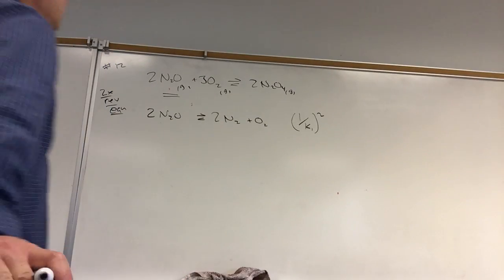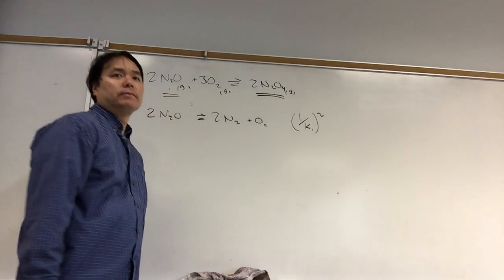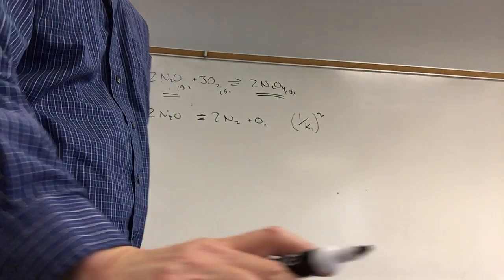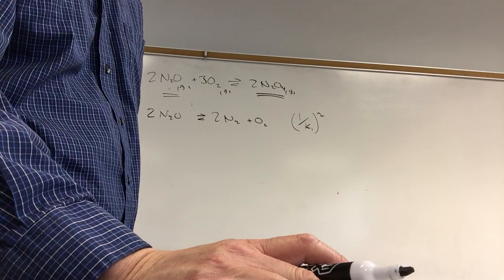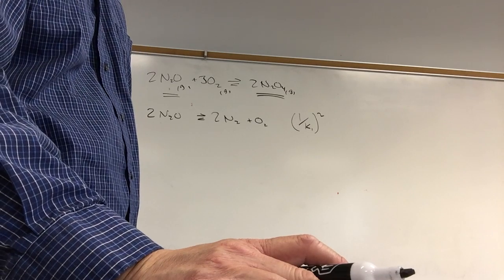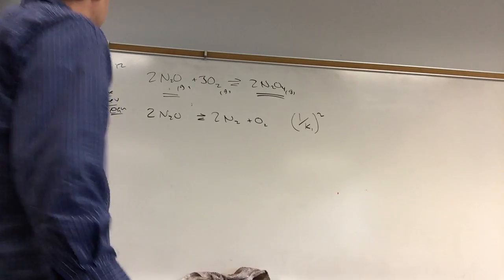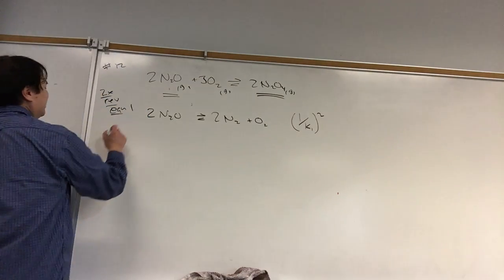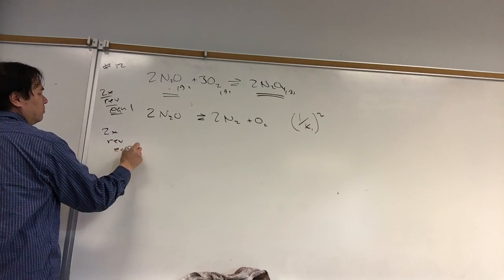All right, then what I look for is 2 N2O4s over here. And N2O4 occurs only in one of the equations, the second one, and I have to double it. I have to reverse and double the second one. And so this is 2 times the reverse of equation 2.